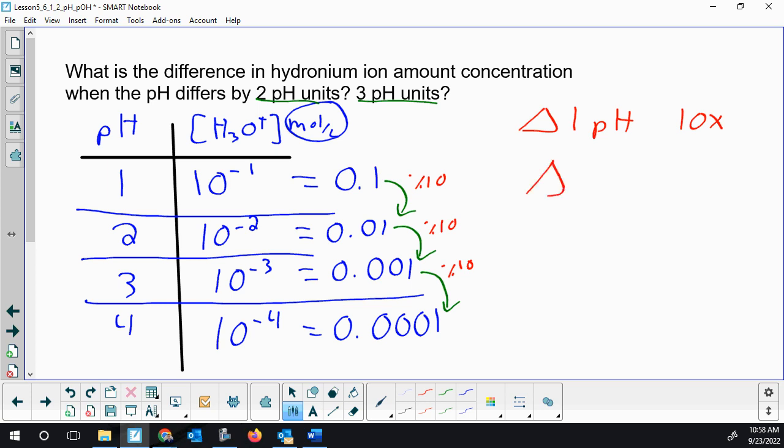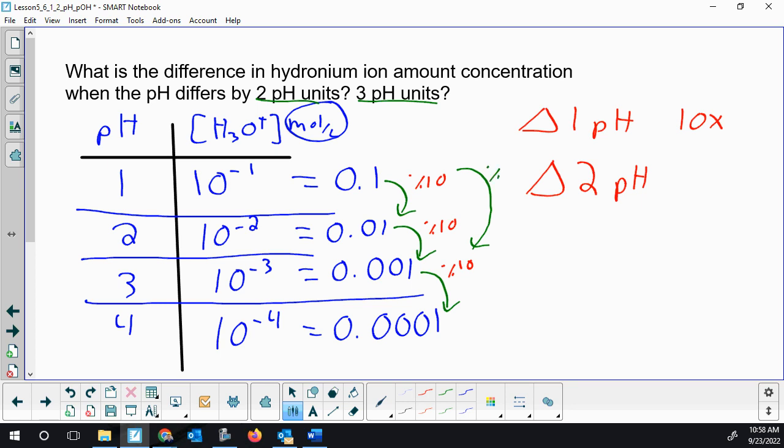So now we can tackle the question, what is the change? Delta, a triangle, in chemistry is used to mean change. What is a change in 2 pH units? So that would be, let's go down, divide by 10, divide by 10. What's a divide by 10 twice? It's not 20.